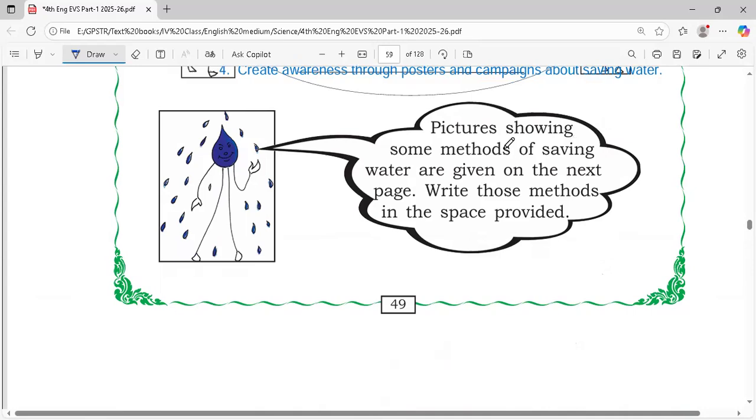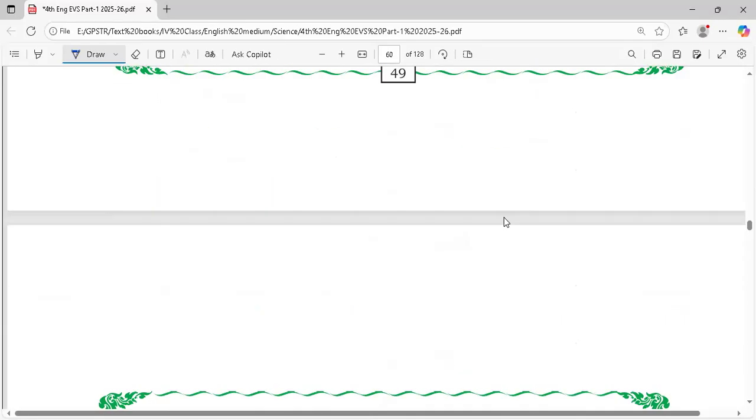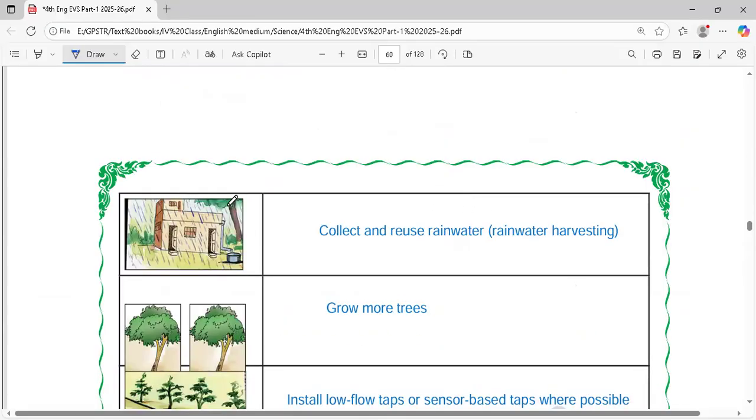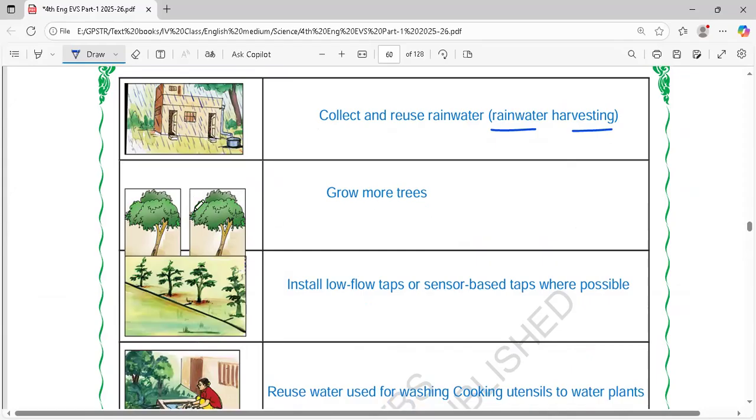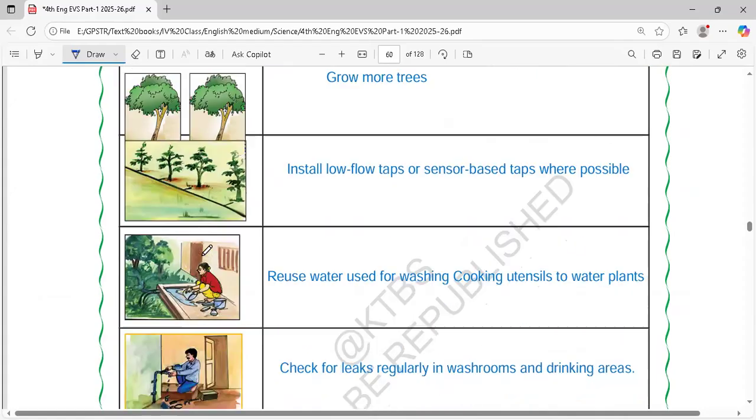Next, pictures showing some methods of saving water are given on the next page. Write those methods in the space provided. In the first, this picture shows collect and reuse rainwater. That means this is rainwater harvesting. Next, second one, grow more trees. This picture indicates grow more trees.